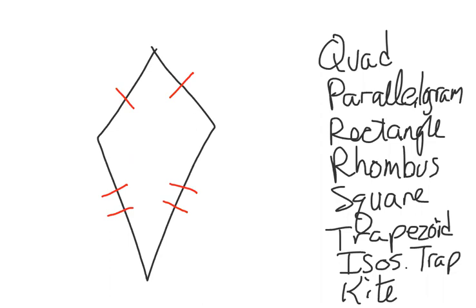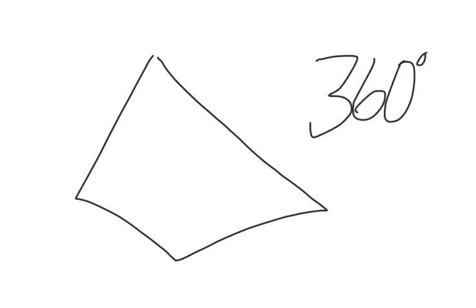Okay. All right. The other thing that we talked about, this was probably the easiest part, is that if you have any quadrilateral, what do all the angles add up to? 360. If you know that, you'll be able to do that whole batch of questions.